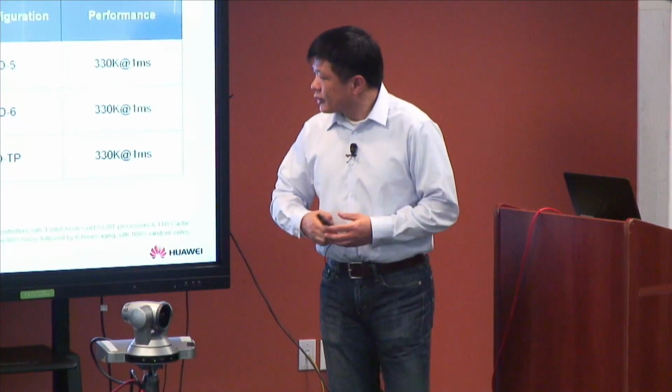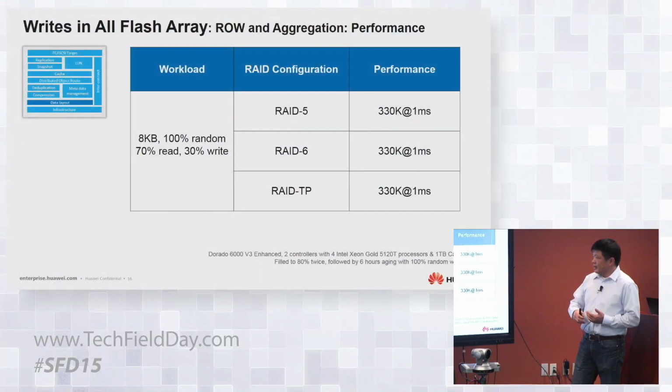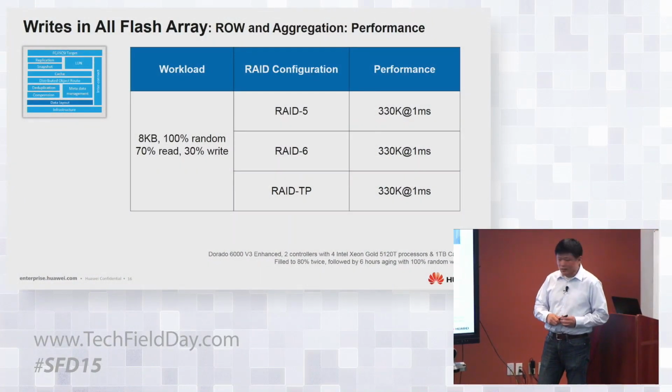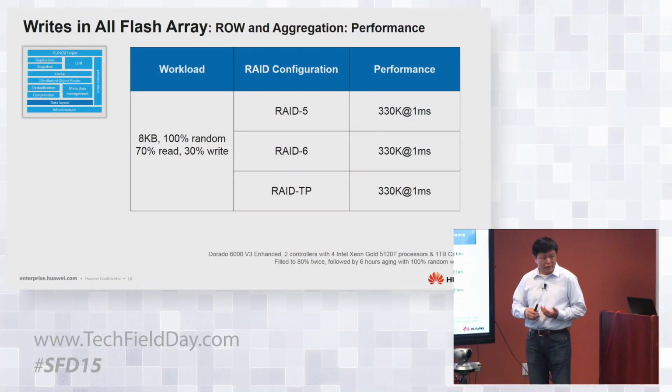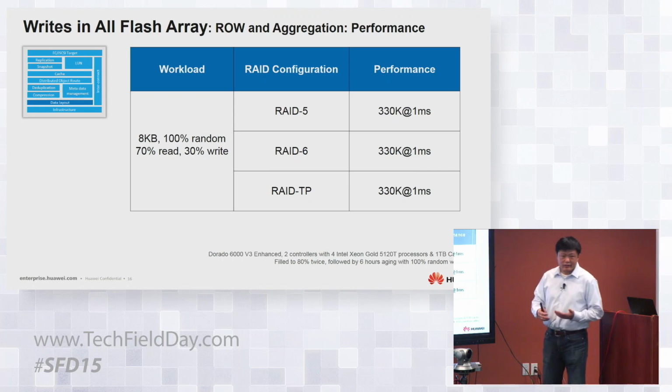Okay, got it. Thanks. So you can see that with a kilobyte block size, 100% random addresses, and a 7:3 read-write ratio, the performance cost for RAID 5, 6, and TP is the same.